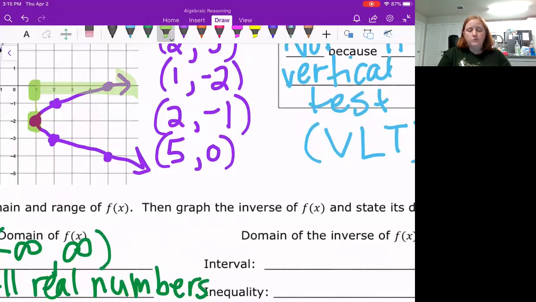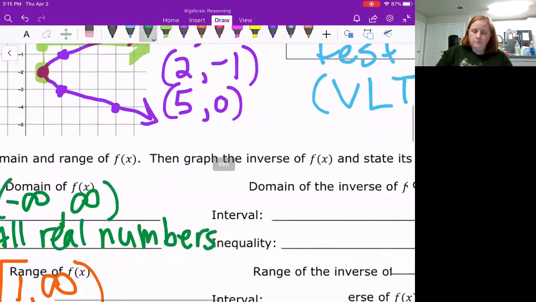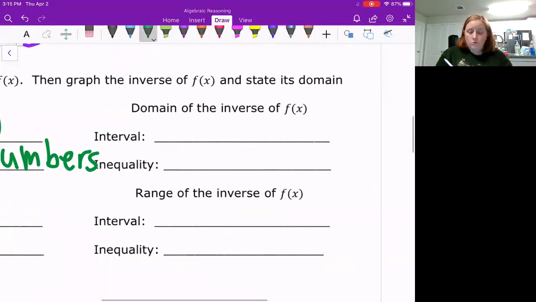All of these other numbers to the right are being used because my graph is going to keep opening to the right, but it stops on the left part of it. So right now we have 1 and everything greater than that. So when we write our domain, our interval notation, 1 is the smallest.